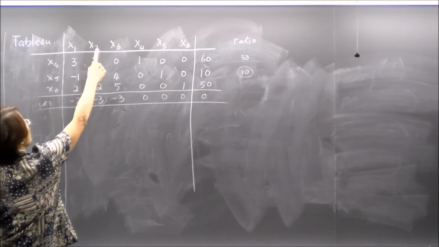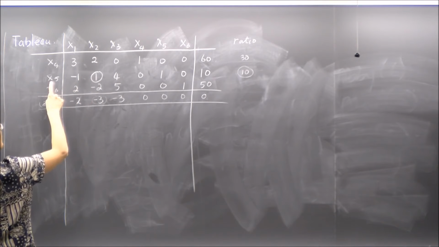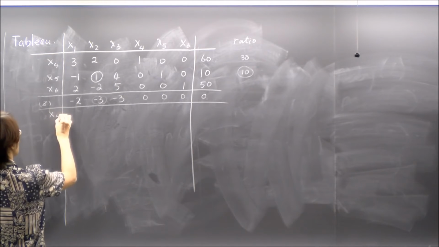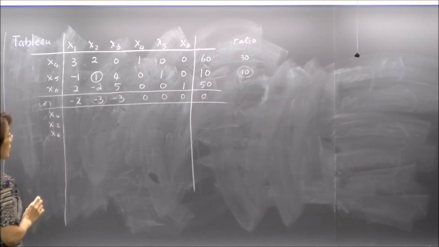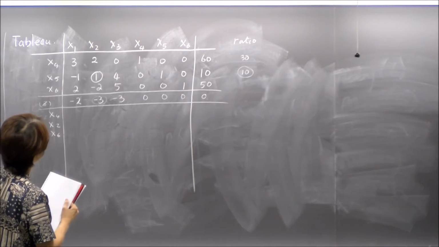So I will bring x2 into the basic variables and replace x5. Is that clear? Right, so let's put it. So I'll have x4, x2, and x6. x5 will be replaced. Okay. So is it clear how to do this pivoting process?